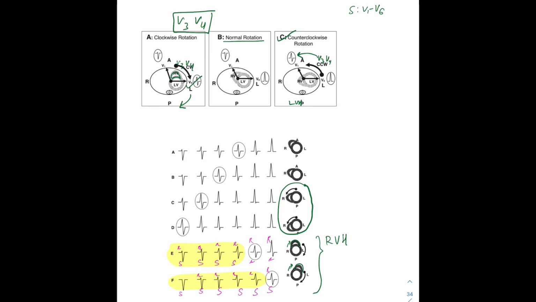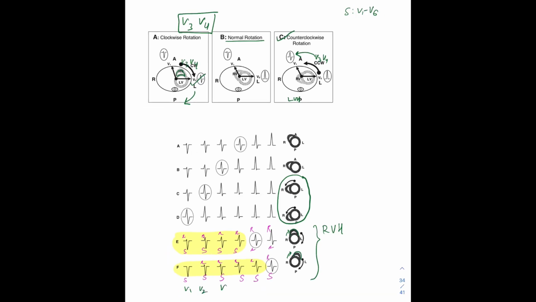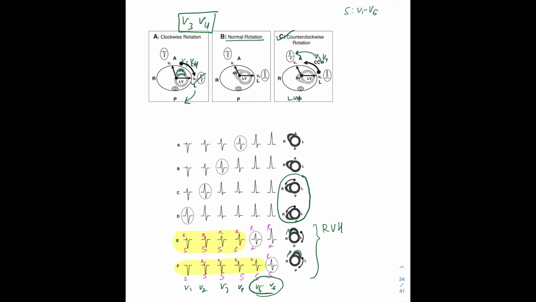Now we know that when the right side of the heart becomes more anterior, there is a shift of the transition zone from V3 and V4 towards V5 and V6. So that is what we are seeing here. In this, the transition zone has shifted to the lead V5. In this one, the transition zone has shifted to the lead V6.